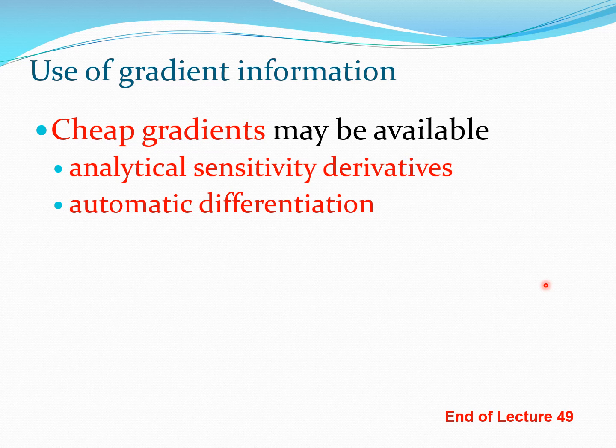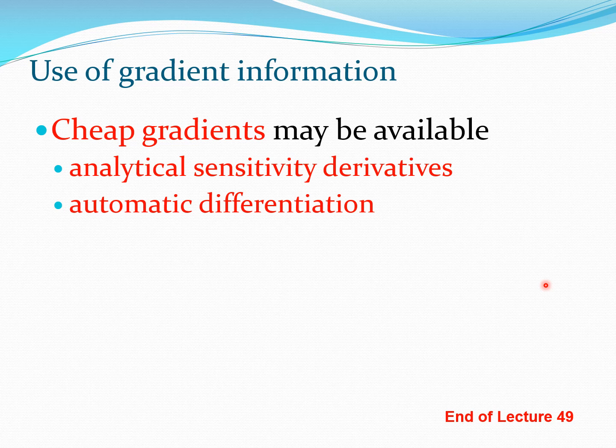Now, typically gradient calculation is expensive, but there are situations where people are calculating the gradients as a part of the computational process, and this is often done through the concept of sensitivity derivatives. So like we discussed in some previous lecture, there are people who code in the derivative calculation as part of the calculation process for the computational model itself, and in those cases you may have cheap gradients.